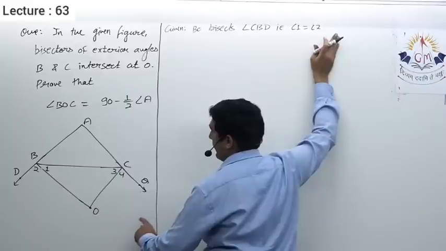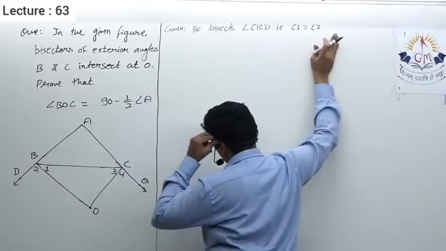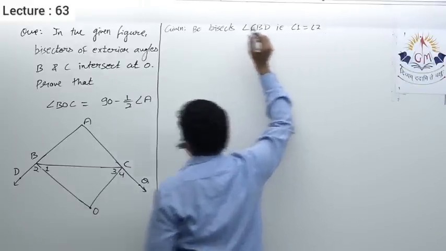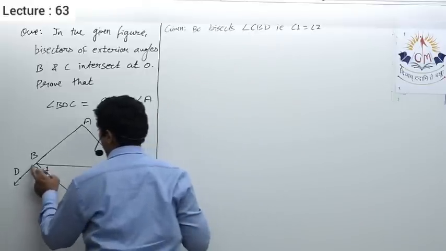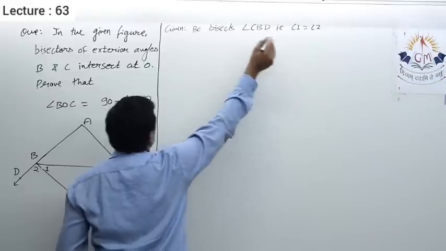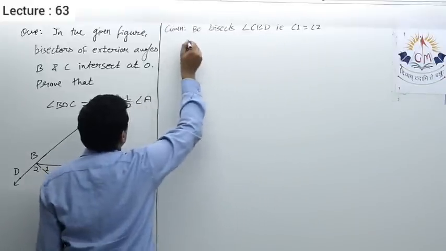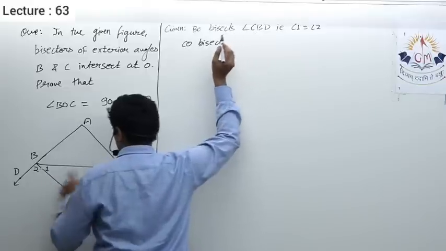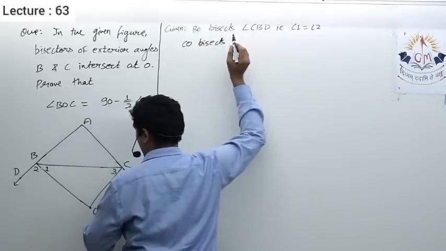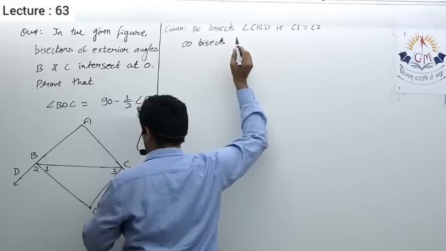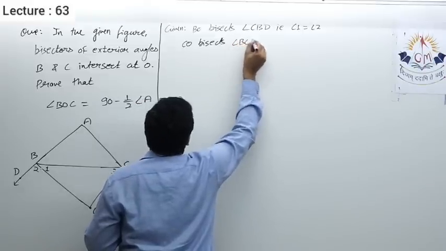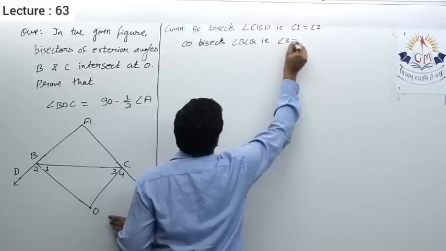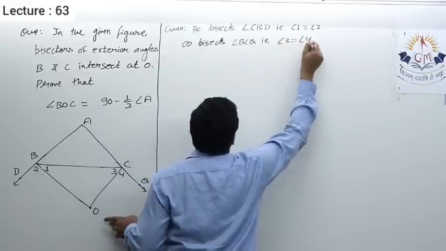Or I can say angle OBC is equal to half of angle CBD. Okay, right now I am writing angle 1 equal to 2. Also it is given CO bisects angle BCQ, so I can write therefore angle 3 is equal to angle 4.